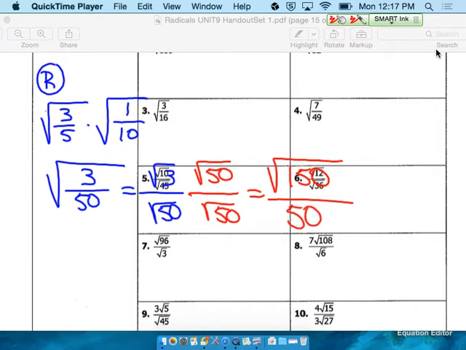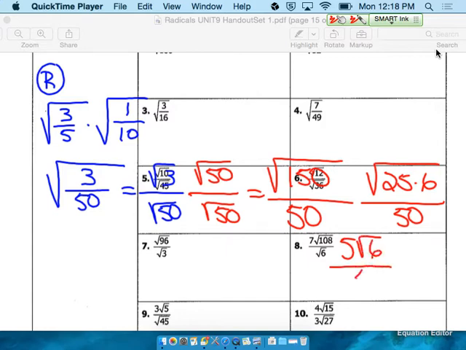My denominator is now a rational number, and I would clean up the numerator. 150 is 25 times 6, that's over 50. So I'm going to have 5 radical 6 over 50, and then I simplify, take away the common factor, and I'm simply left with the square root of 6 over 10.